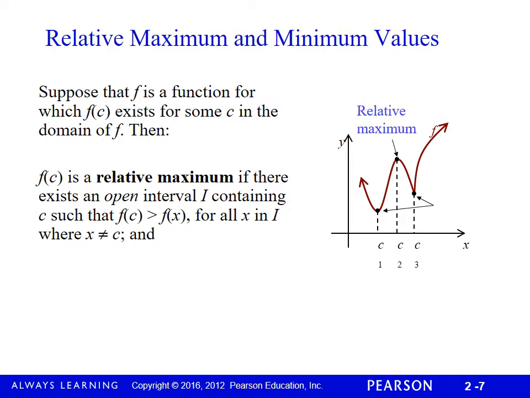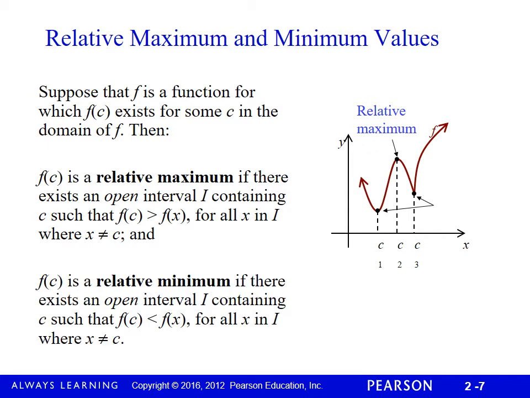If that f of c is smaller than all of the f of x values in an area around it, the area around c1, or the area around c3, then we say that f of c1 and f of c3 are both relative minimums.